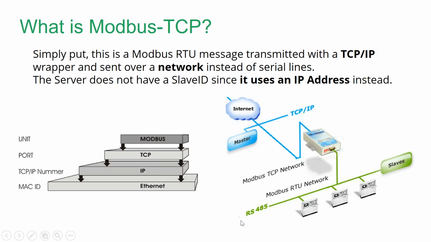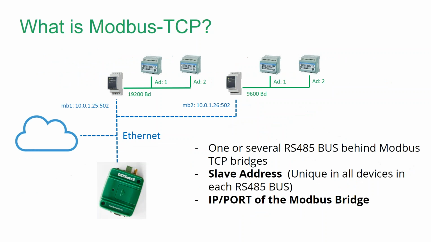This is how it looks. Here is the Modbus RTU network on one side. Here you have a Modbus TCP bridge or gateway that converts this RTU, or this RS-485 bus, into Ethernet. Okay, we see it in devices.